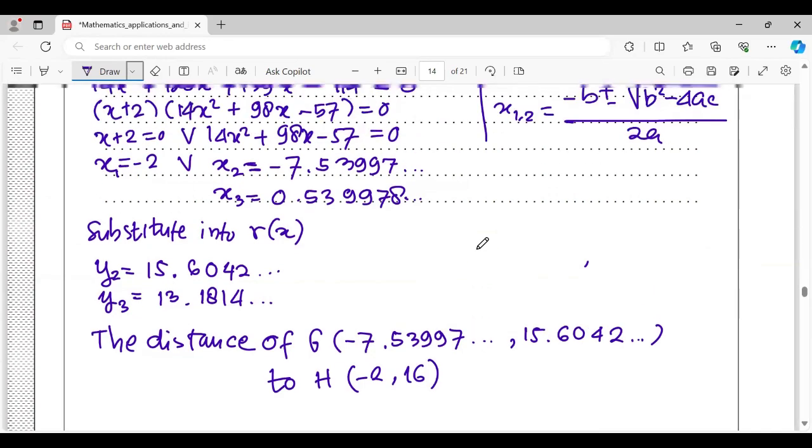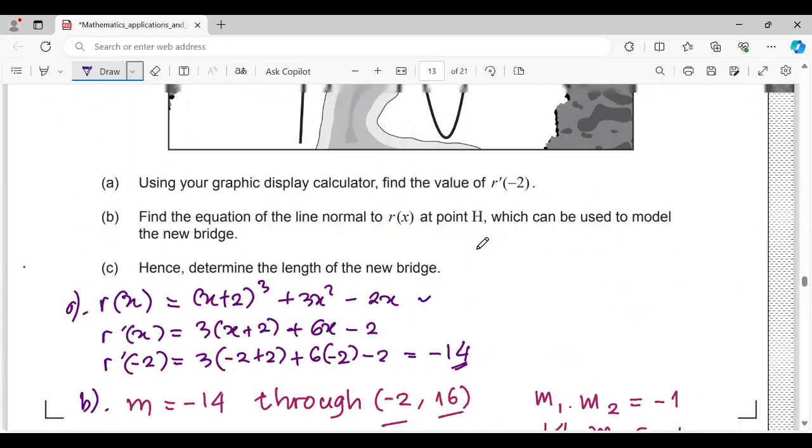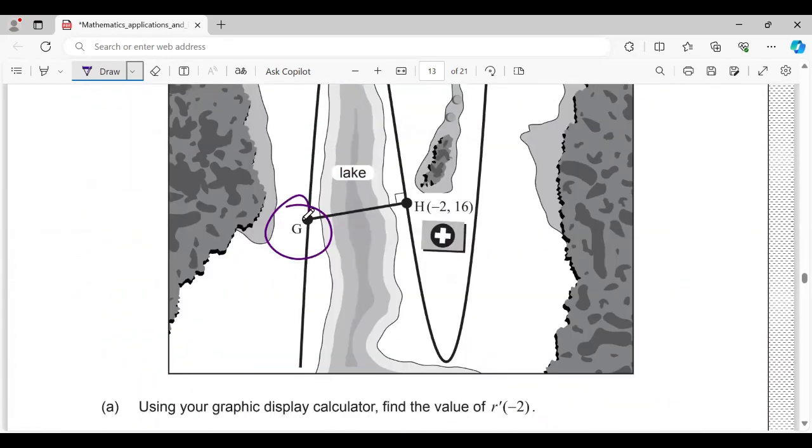So the length is the distance from G to H. This is the bridge.